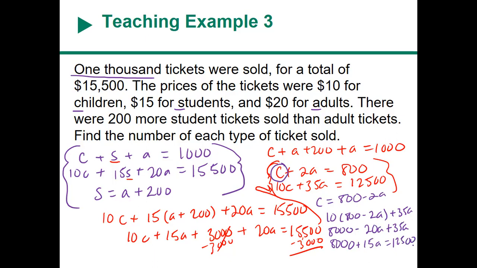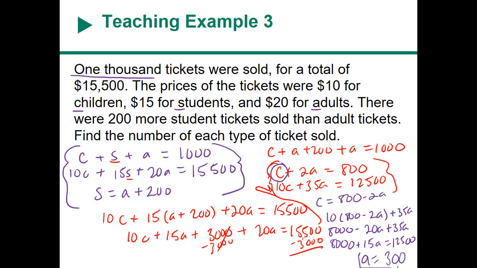So how would I solve for A? There we go. So we're going to subtract 8,000 and divide by 15. Minus 8,000, Shauna, what's your brain doing? Divided by 15, and we get 300. So we know that A equals 300.